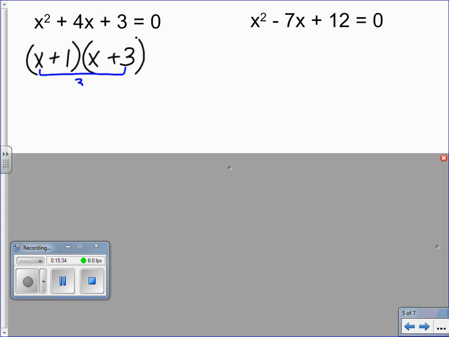This will be 3x. This will be 1x, and those will in fact make 4x. Okay, so everything checks out in terms of my FOIL. So I factored it, and now you have to solve it. Take each of these factors and set them equal to 0 separately. So we'll say x plus 1 equals 0 and x plus 3 equals 0.